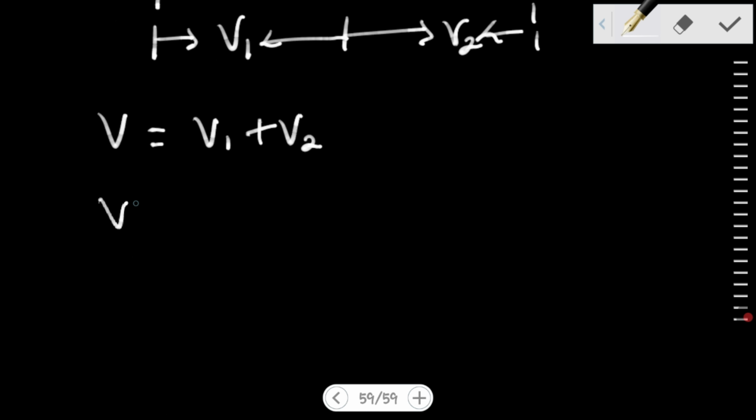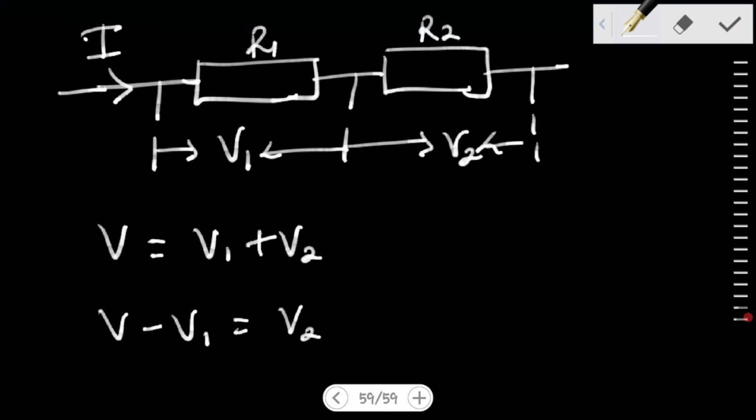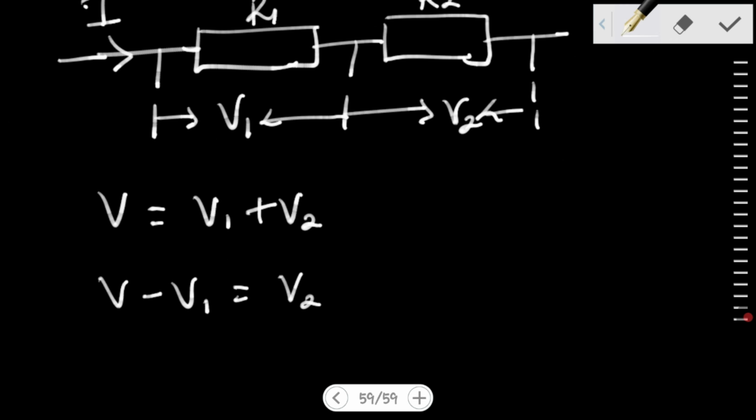That means V minus V1 equals V2. Since the current through R1 and R2 is the same, I1 is equal to I2. The current through resistor 1 is equal to the current through resistor 2.